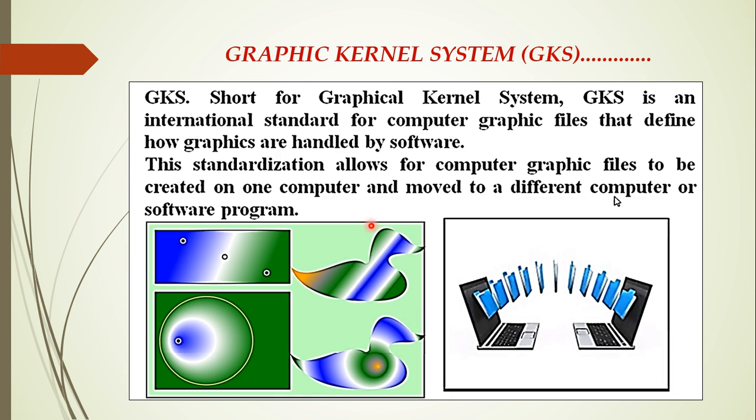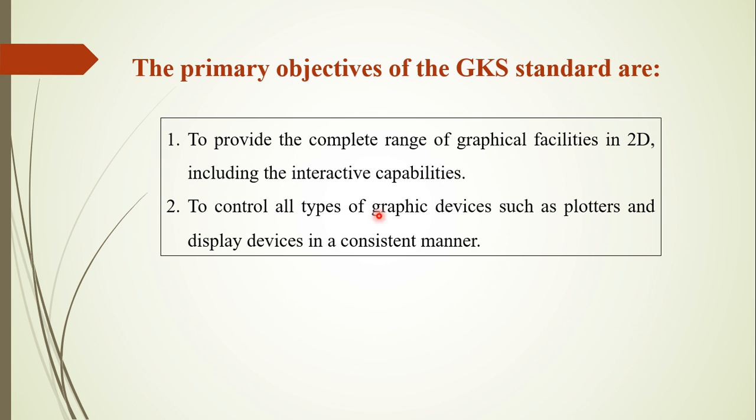So the primary objectives of the GKS standard are to provide the complete range of graphical facilities in 2D, including the interactive capabilities, and to control all types of graphic devices such as plotters and display devices in a consistent manner. So these are the major objectives of GKS. I think these are self-explanatory.